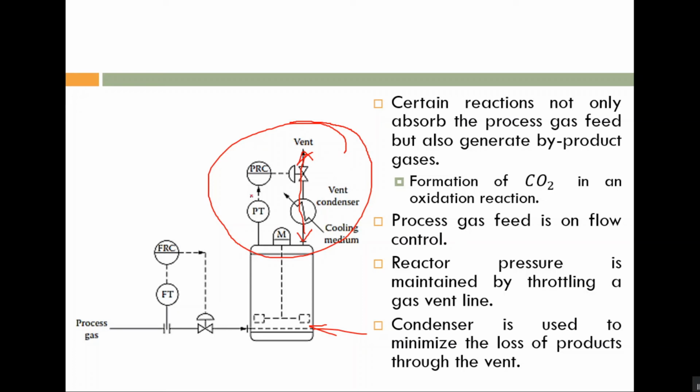Now, here we can see a flow rate controller. What is the purpose of this flow rate controller? In the previous case, we were manipulating the flow rate of process gas by using the chemical reactor pressure. Am I correct? But here we are not manipulating the process gas by using the reactor pressure.